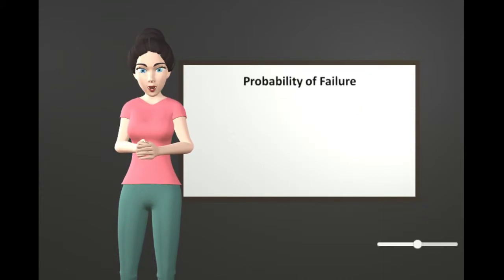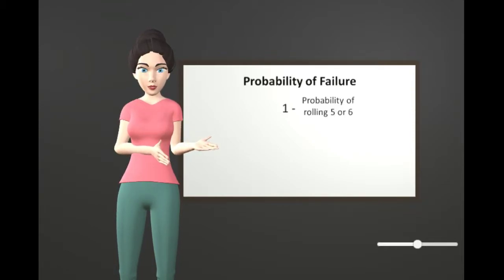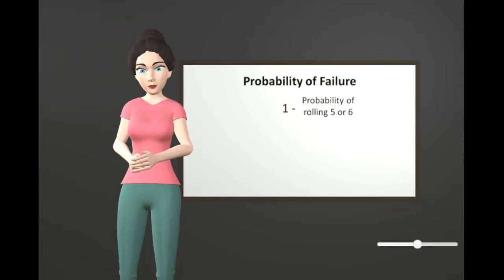Similarly, there is a probability of failure. This is the probability of success subtracted from 1. So in our example, the probability of failure is 1 minus 1/3, which is 2/3.